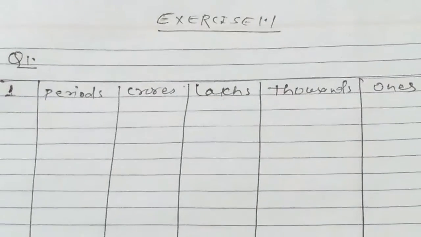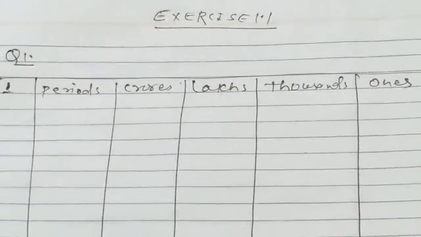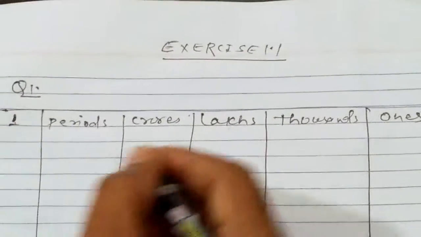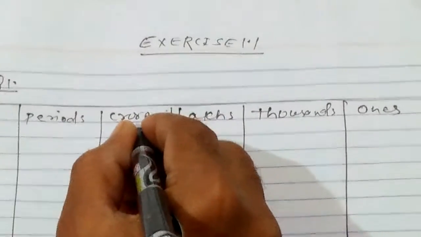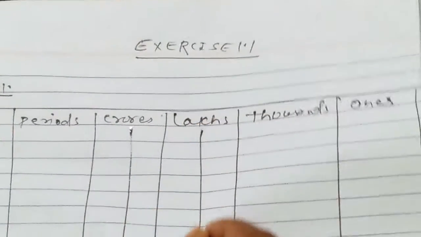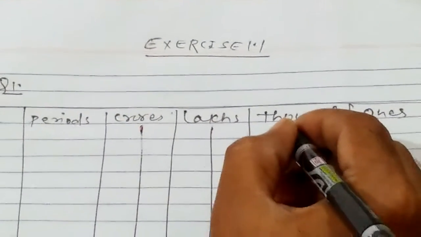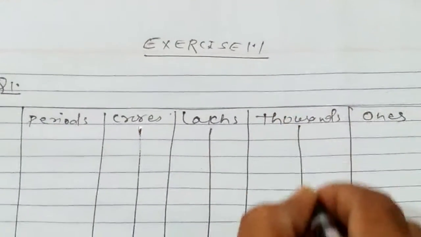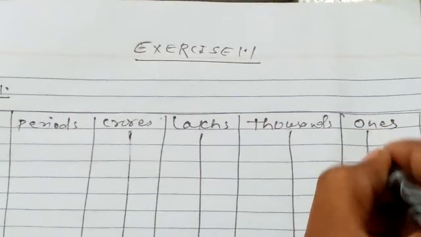So this type you have to draw the Indian place value chart, and one by one we have to understand here. In crore 2 periods, in lakhs 2 periods, in thousands also 2 periods, but in ones it will be 3 periods.